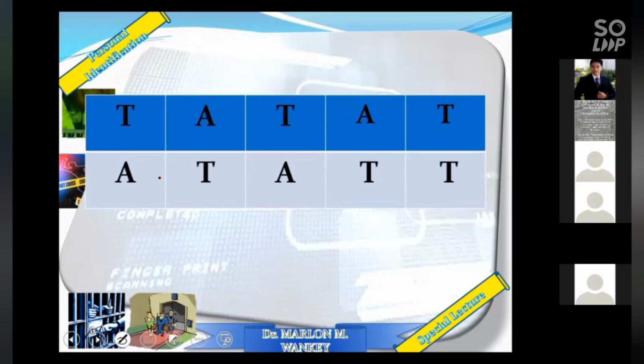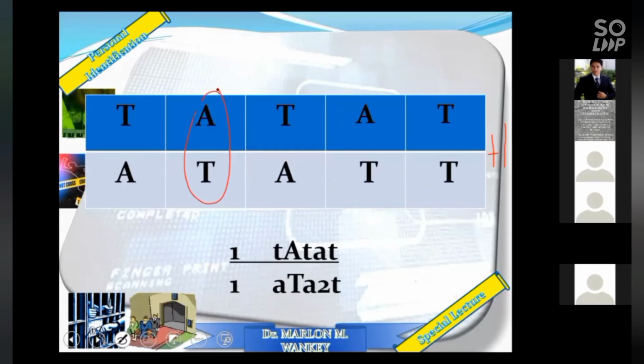Ang primary classification mo is 1/1. Bakit? Walang whorl. So you only have one arbitrary of 1. So 1/1. So what is your secondary classification? Yung capital letter group. Ito ilagay mo na kagad yung letter A and letter T. Okay.